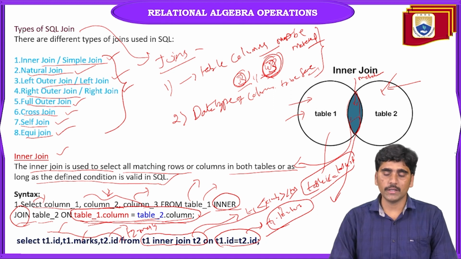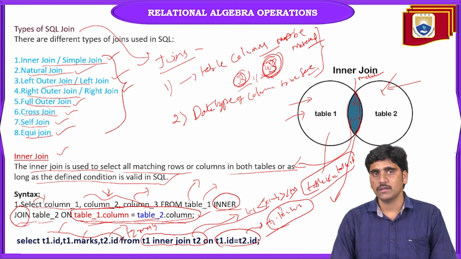So there are different types of join operators. Inner join or simple join, second is natural join, third is left outer join or left join, fourth is right outer join or right join, fifth is full outer join, sixth is cross join, seventh is self join, and eighth is equi join.